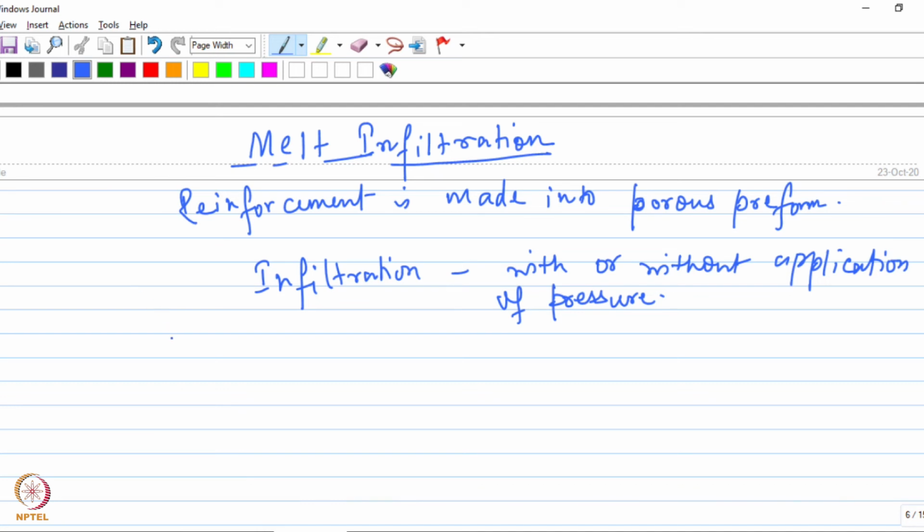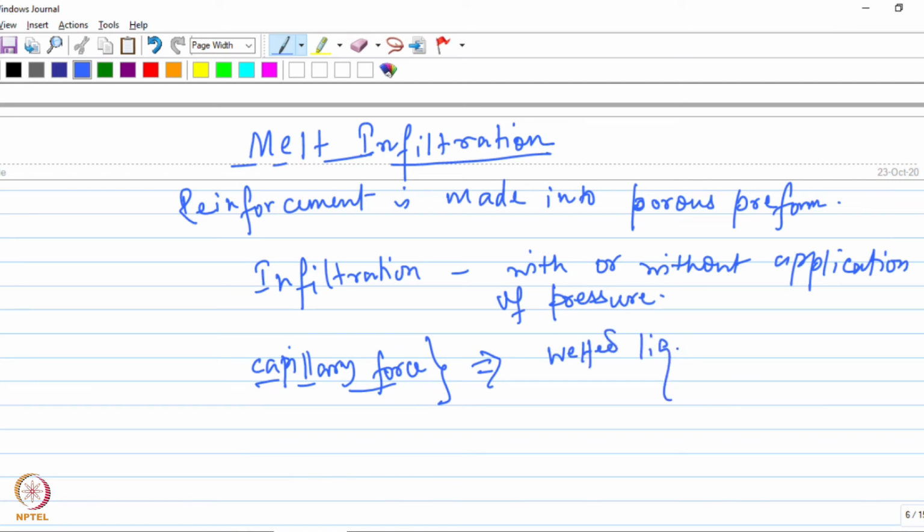So when it is done without pressure, it is basically the capillary force that is being utilized. Whenever a liquid comes in contact with a surface having pores, capillary action develops, and that will actually take the liquid into the preform, into these pores, and the preform will be wetted by the liquid.